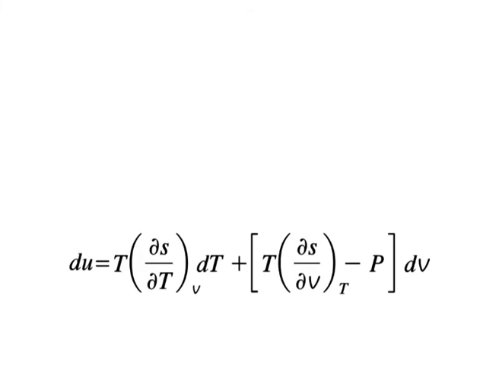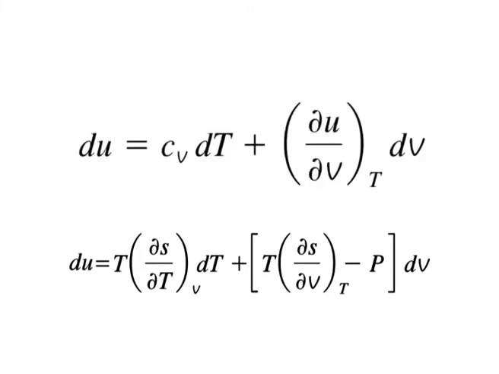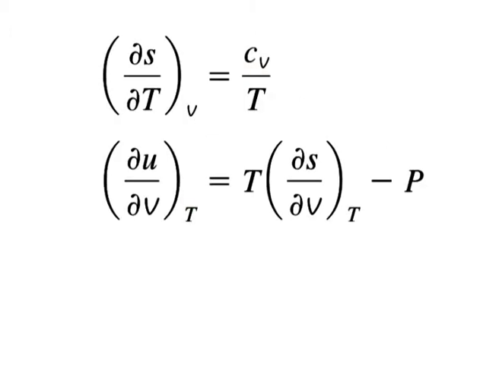Equating the coefficients of dT and dV in equations A and B gives partial derivative of S with respect to T keeping V constant is equal to Cv upon T, and partial derivative of U with respect to V keeping T constant is equal to T into partial derivative of S with respect to V keeping T constant minus P.